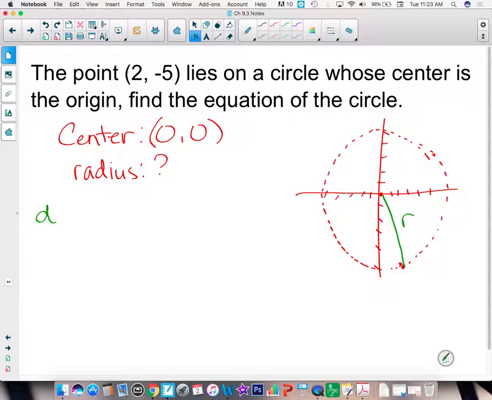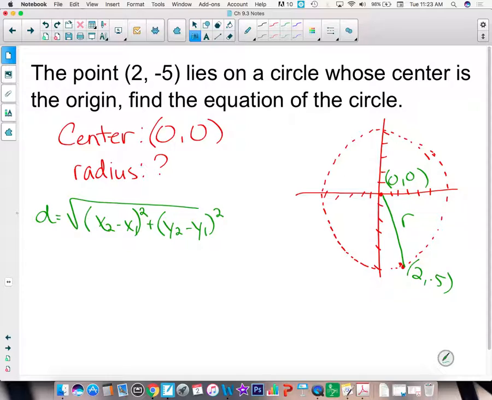Right, so our distance formula is this again. We got x2 minus x1, square it, plus y2 minus y1, square it, and we use the 2 points that we got there. We got 0, 0, and 2, -5.